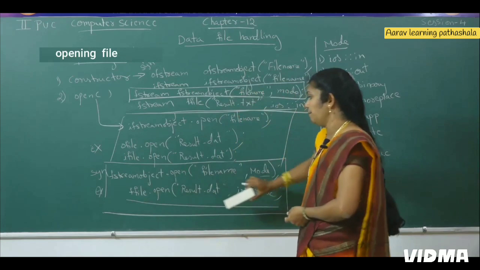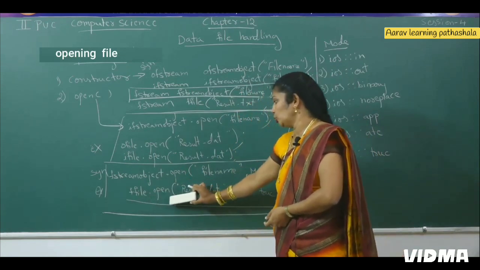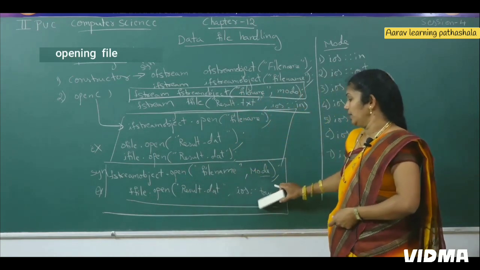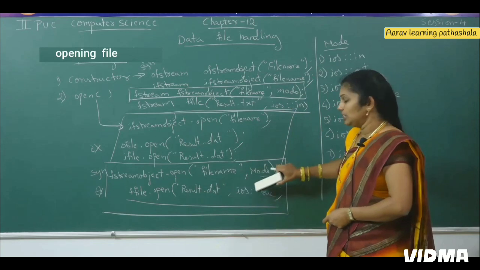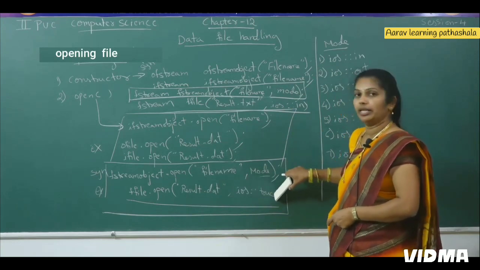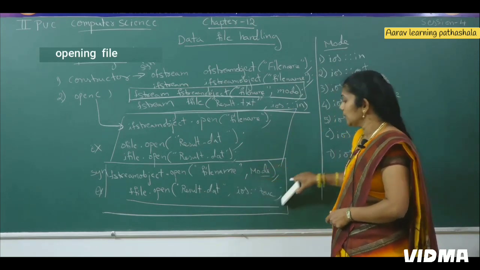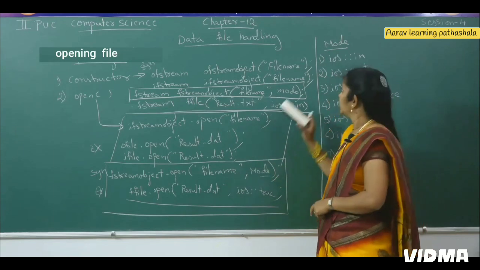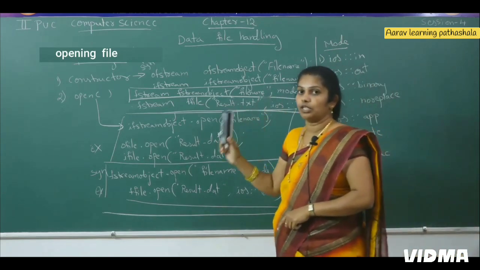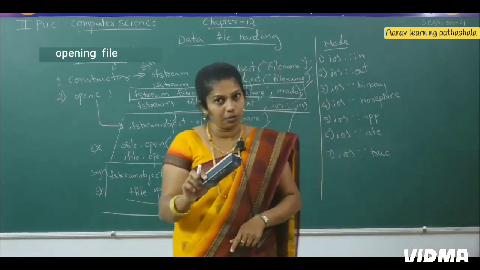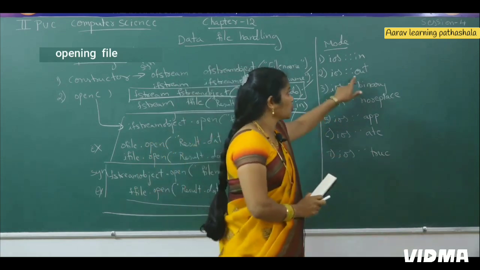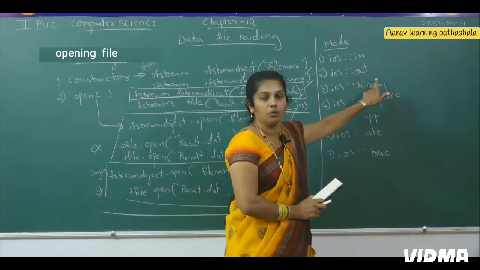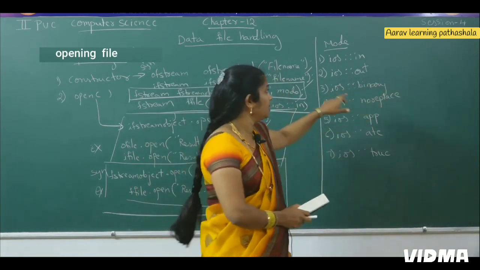Whereas while writing the example, fstream object dot open and here the file name, then ios, whichever mode I want, that mode we have to write. That is the thing regarding the mode function. In the modes, ios::in for input purpose, ios::out for output purpose.